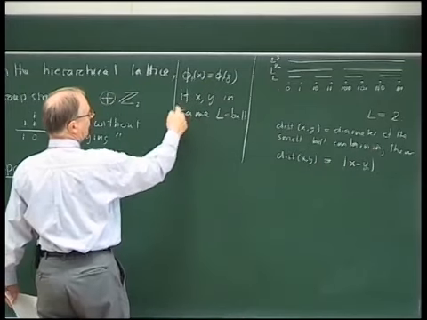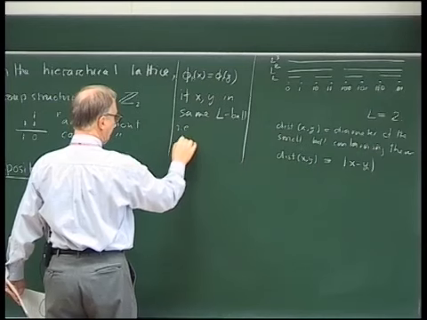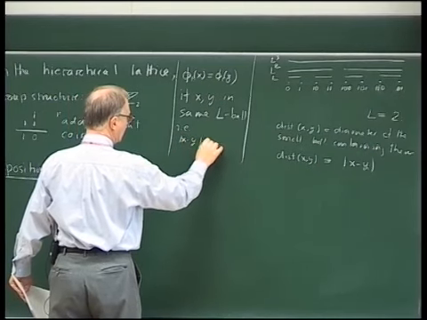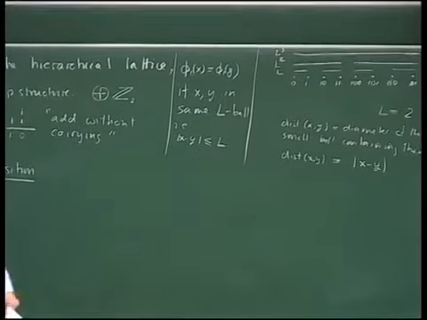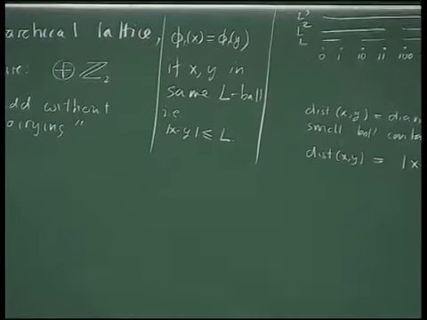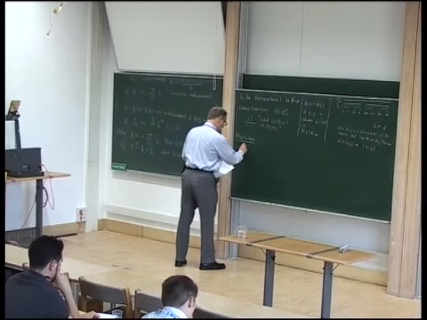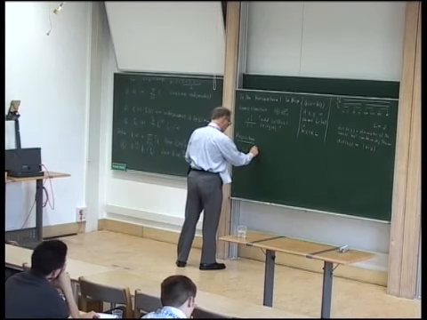Another way of saying that they're in the same ball is if the distance between them is less than L. So any 2 points which are separated by distance L or less have a constant phi 1 field assigned to them. So here's the proposition. Very simple proposition, hardly worth it, in fact, but it has the structure.